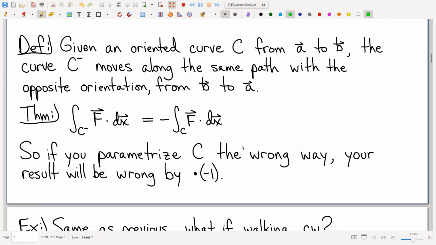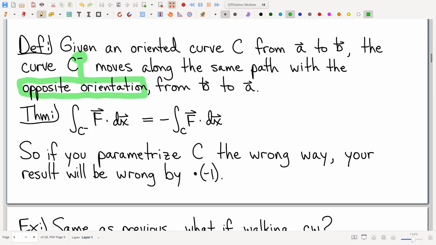Just to formalize that, this is mostly a notation and a theorem to say what we just said casually. The idea here, and this is the book's notation, I think it's perfectly reasonable, is that little superscript of a minus is notation saying I want to talk about the same curve as C, but oriented the opposite way.